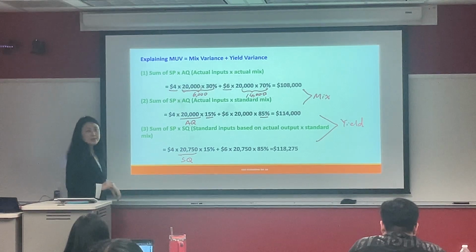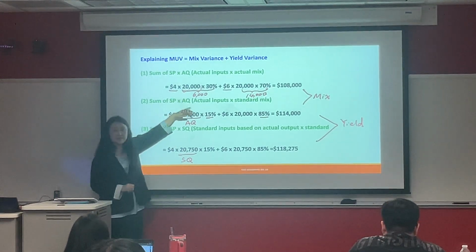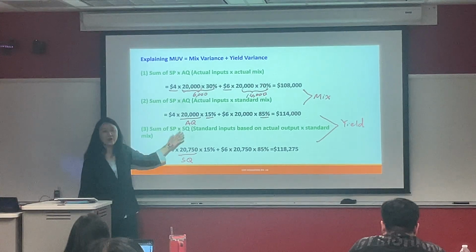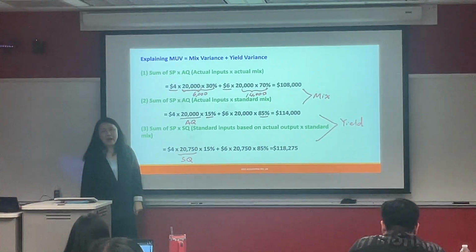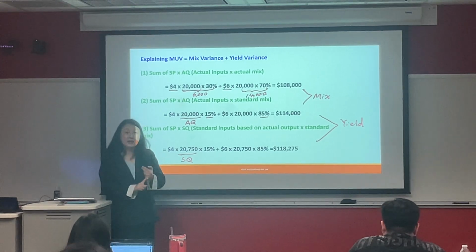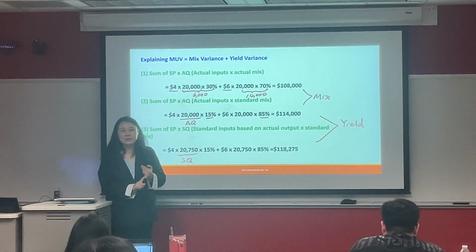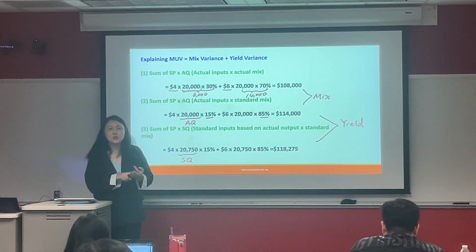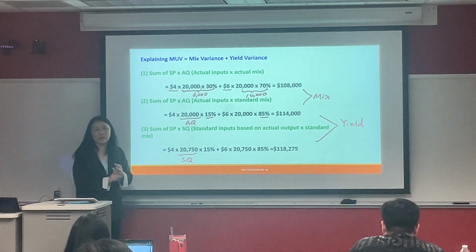So if you use this structure, the only information you have to calculate is SQ. Otherwise, if you adopt the formula, you have to calculate SPY, the standard cost per yield, standard yield, the yield ratio. You're going to calculate a lot of different things.